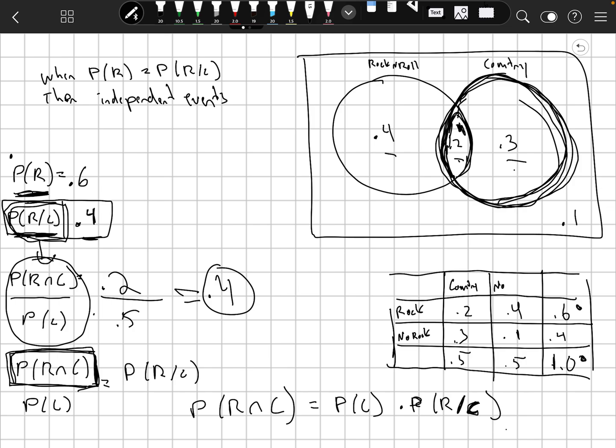So this is kind of the big idea right here. It's called the multiplication rule, and it gets us that 0.2.